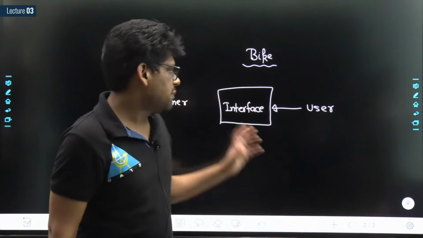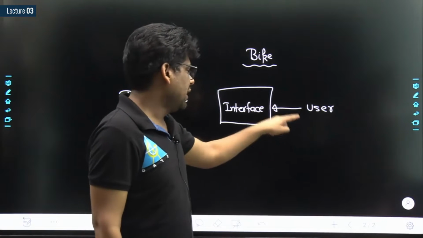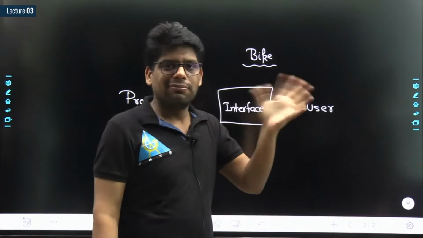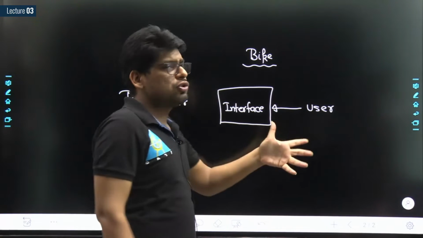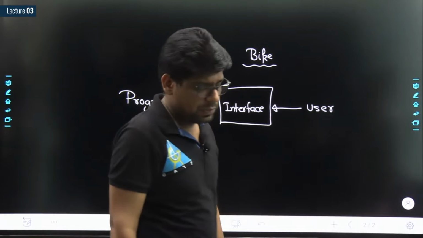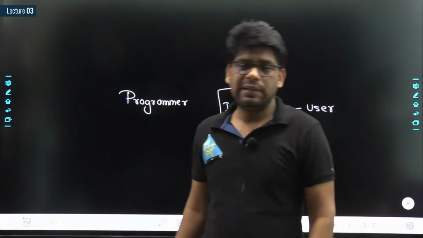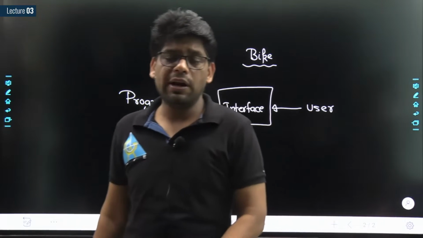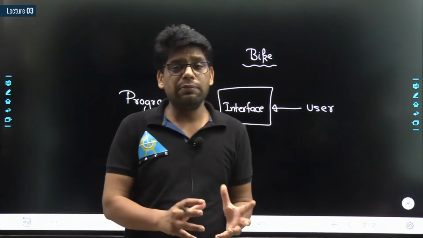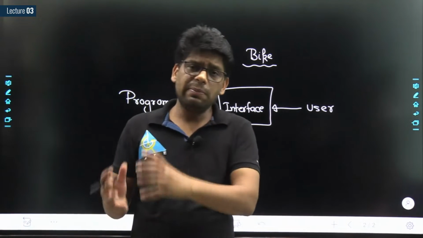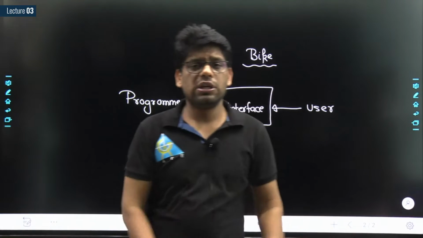I hope things must be clear. Interface, user and programmer. The user didn't write the code, but is using those programs. I hope things must be clear that we need not be a programmer in order to communicate with the computer. That means sometimes we can behave as a programmer, sometimes we can behave as a user.